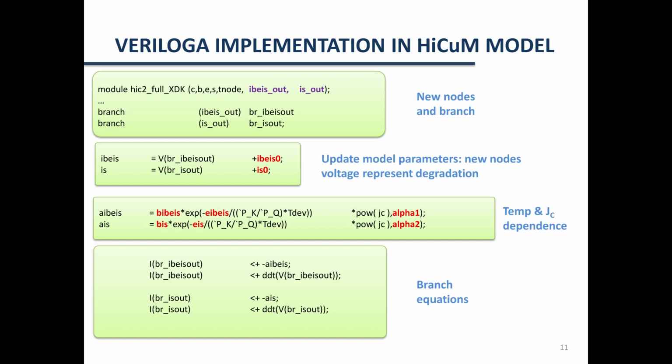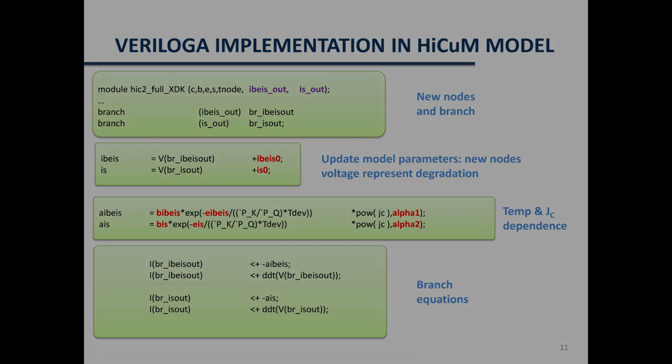Then the third block is basically the implementation of the Arrhenius law. And finally, in the last block, you have the branch equations actually implementing the differential equation. So that's fairly easy to have this in the model. The only thing to remember is that now we have 2 new output nodes which account for the degradation.